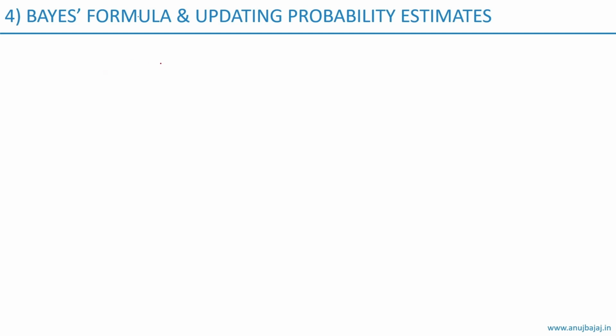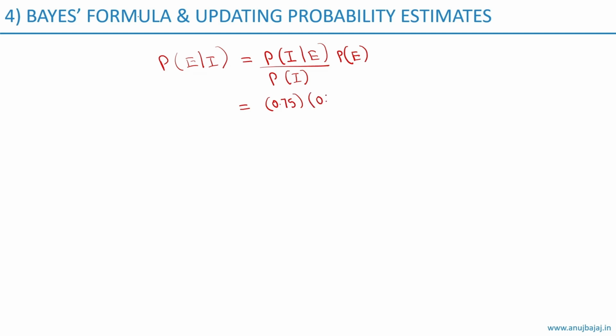So we are required to find out the probability of the event occurring given the new information, which equals the probability of the information given the event, divided by the probability of the information, multiplied by the probability of the event or the prior probability. So the probability of DriveMed expanding given the EPS had exceeded the consensus is 75%, and the probability of EPS exceeding the consensus is 45%. And we are not explicitly given the probability of DriveMed expanding.